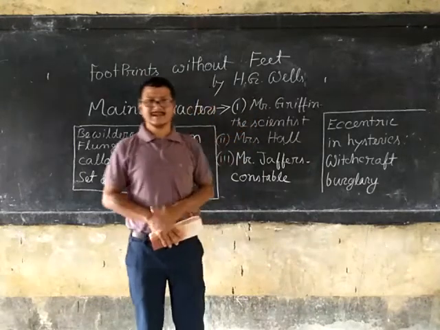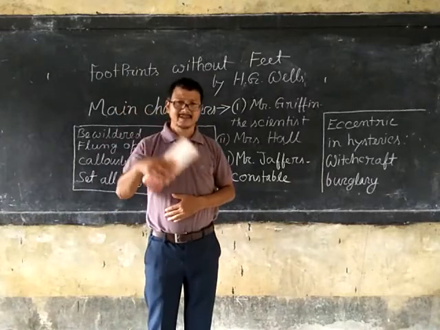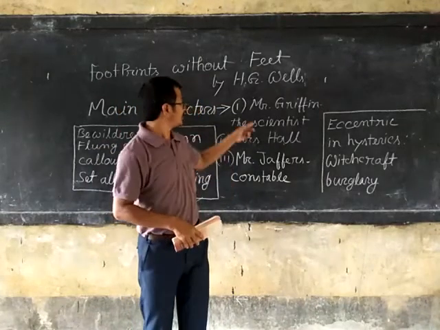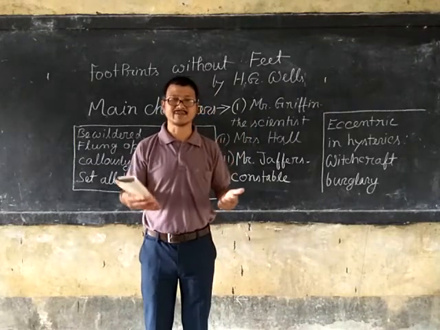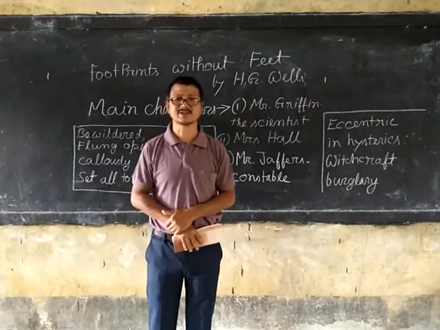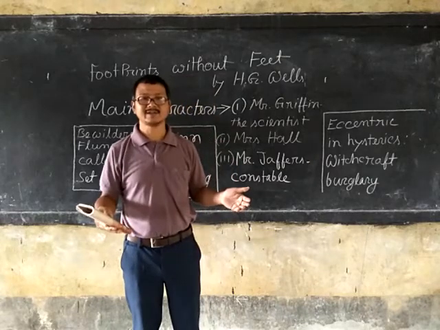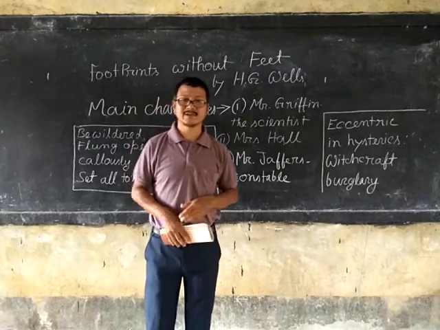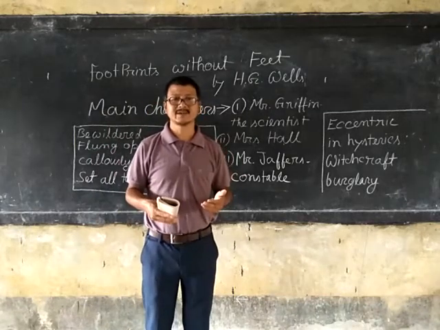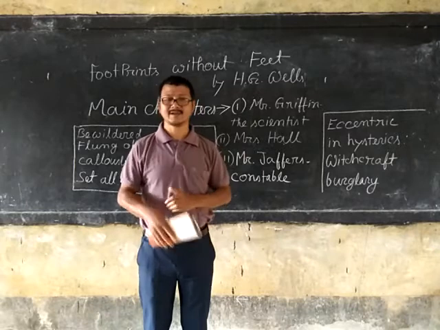Okay, now let me tell you how this Mr. Griffin made himself invisible, and how he had to roam around in the streets of London, invisible. Yes, the thing is that he had to run away from the landlord.